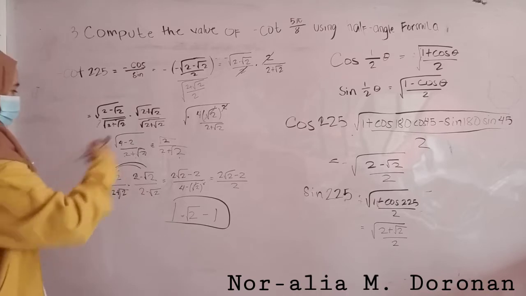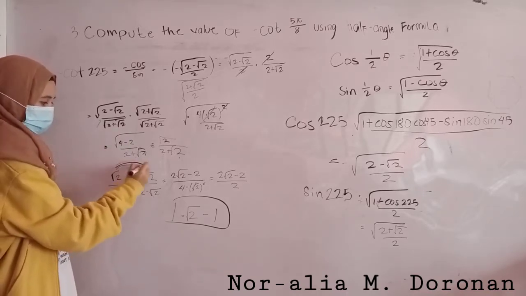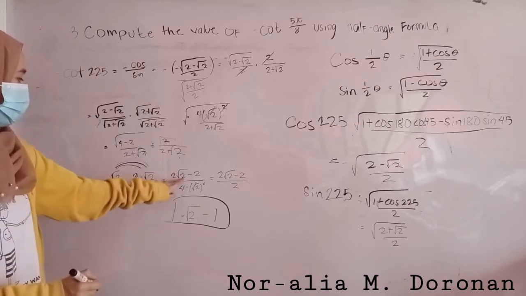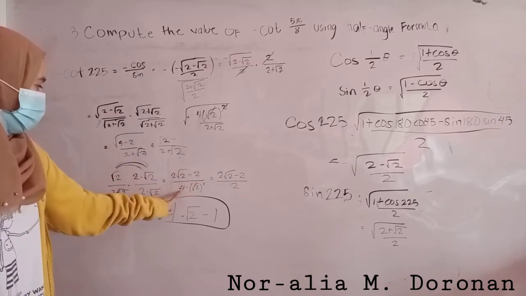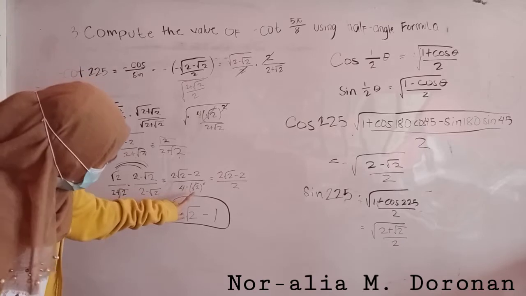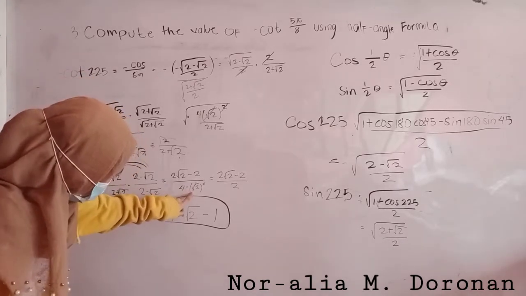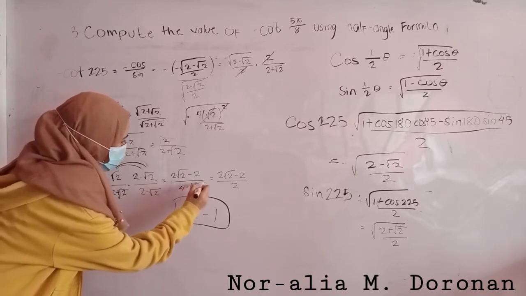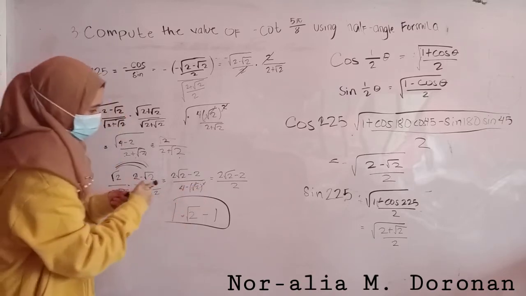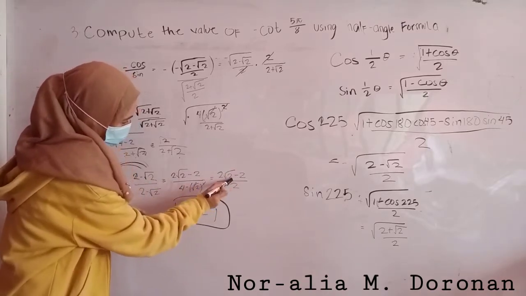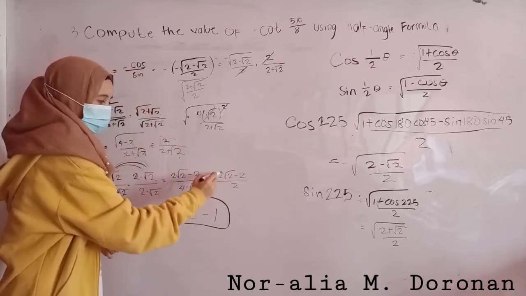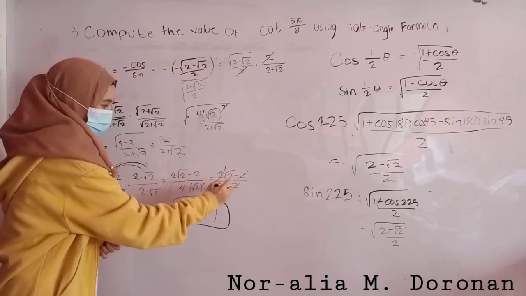We transpose it, so we get 2 square root of 2 minus 2 over 4 minus square root of 2 squared. It cancels, and then 2 square root of 2 minus 2 over 2, which cancels again.